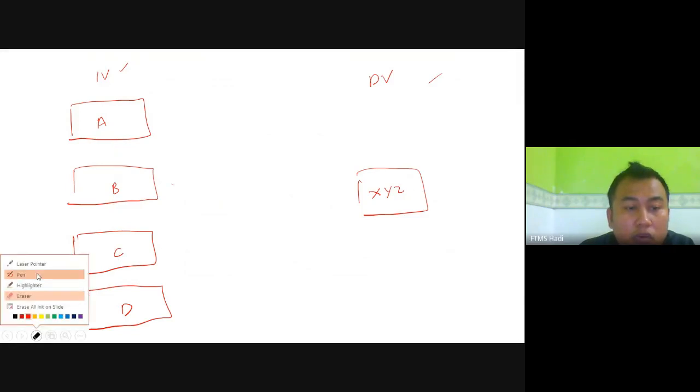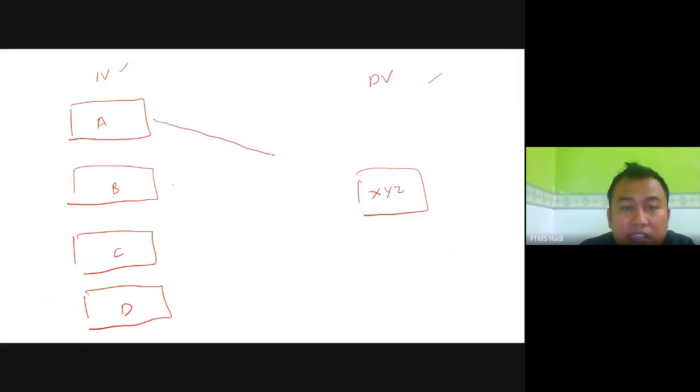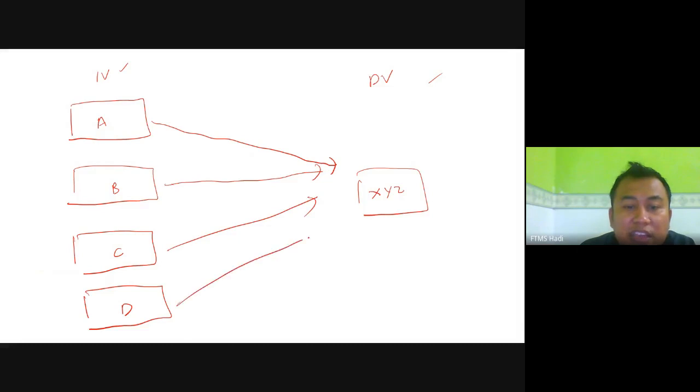So the proper one is either you go this way or this way, depending on your research objective. You want to examine the impact or influences, that is fine for me.